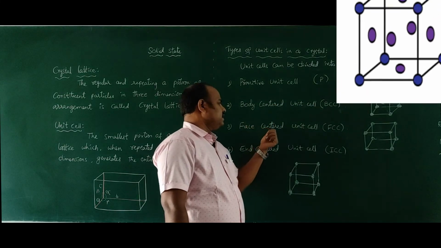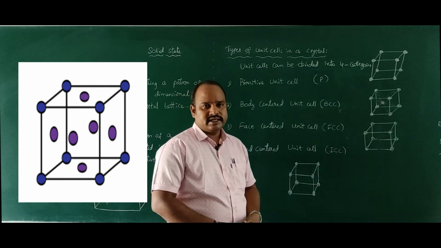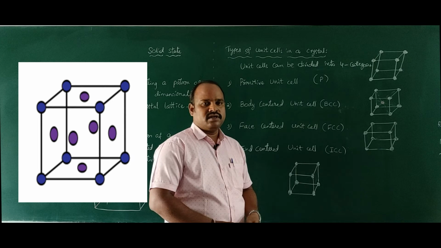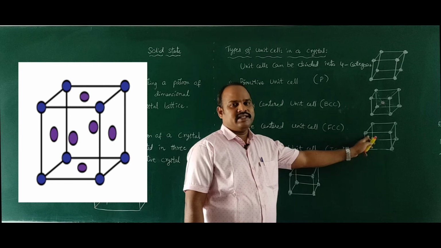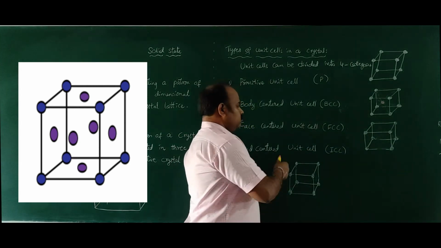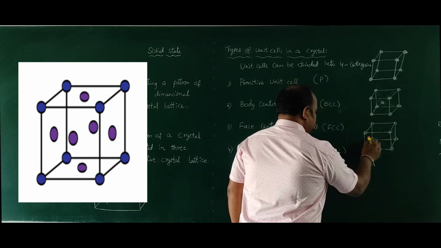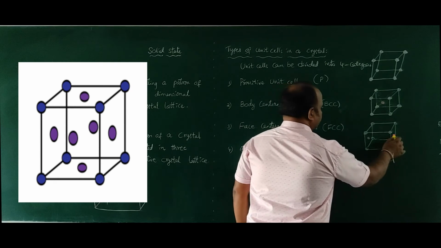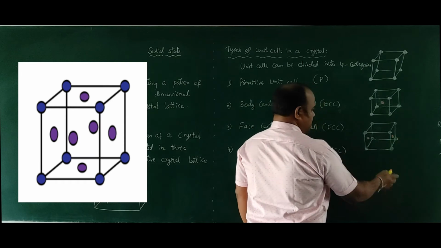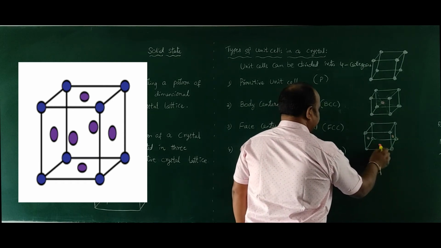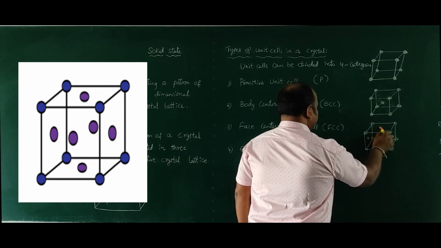Third one, face centered unit cell. In this type of unit cell, the constituent particles are present at the 8 corners of the cube, and then one constituent particle is present at the center of each face. We can draw the structure like this. Here the left face has one constituent particle at its center. The right face contains another constituent particle. The down face contains another particle. The up face contains another constituent particle.